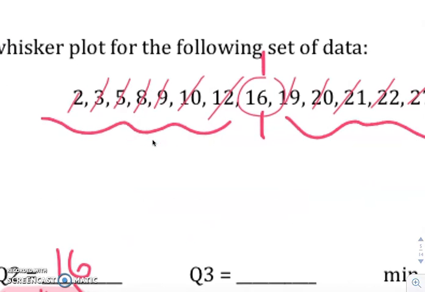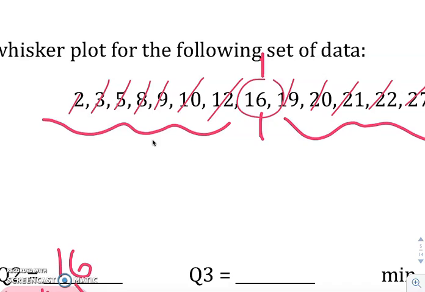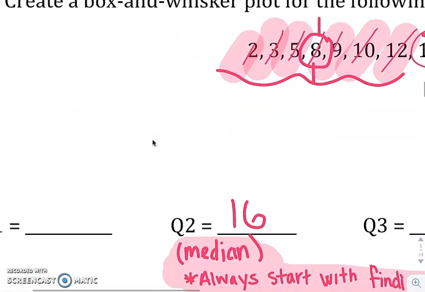So let's do the lower half. So if 16 is in the middle, we won't include that in calculating the Q1. So now, from that lower half, the middle of that data set in the bottom is 8. That is your Q1.